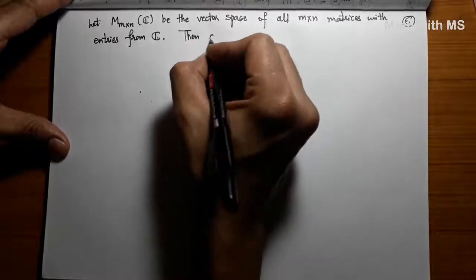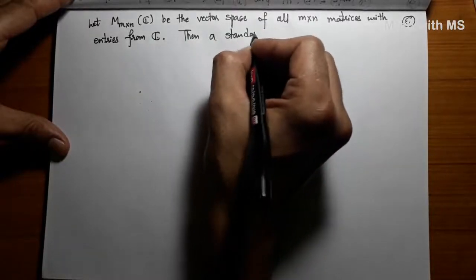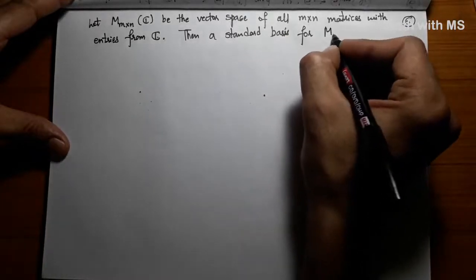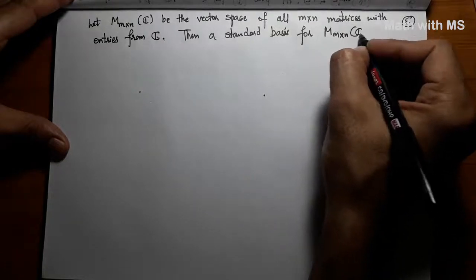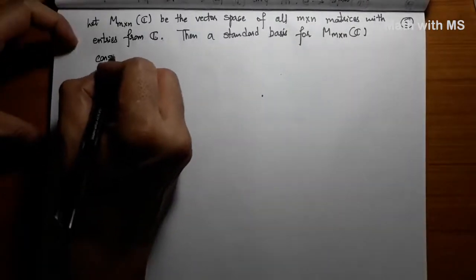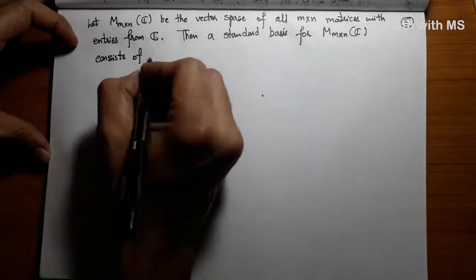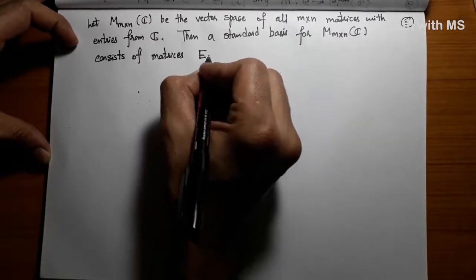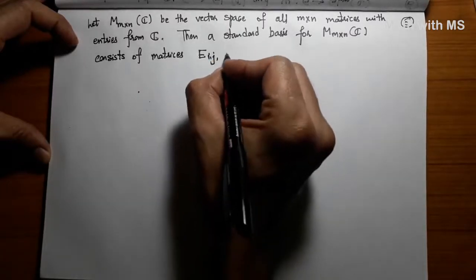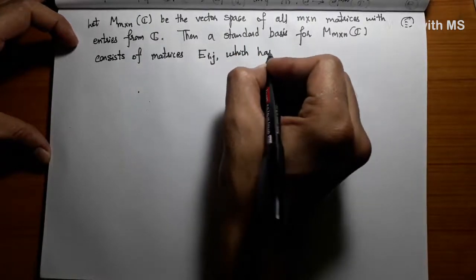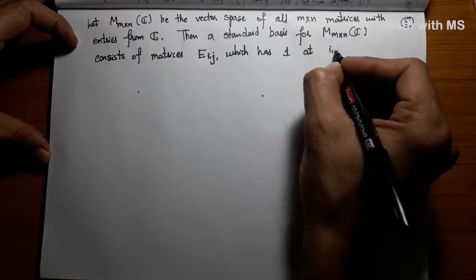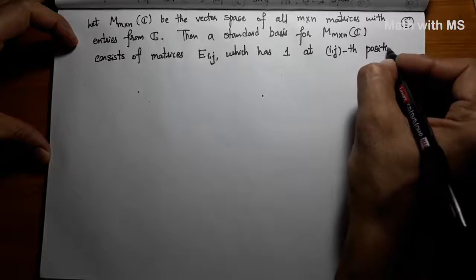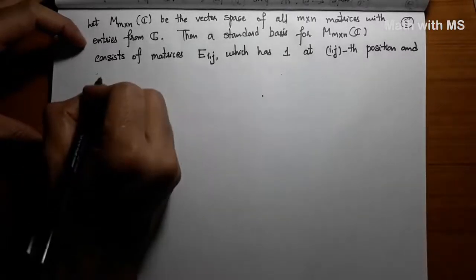Then a standard basis for M_{m×n}(C) consists of matrices, let us denote them by E_ij, which have 1 at the ijth position and 0 elsewhere.